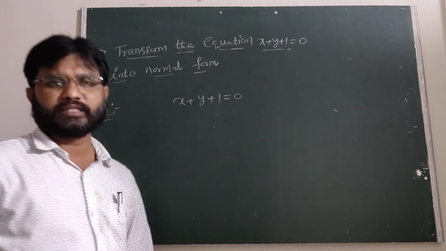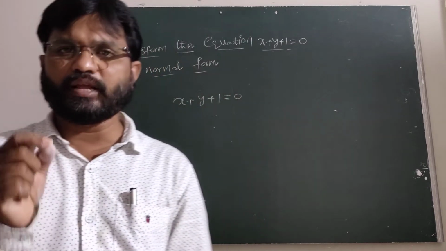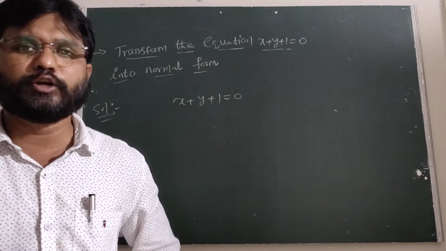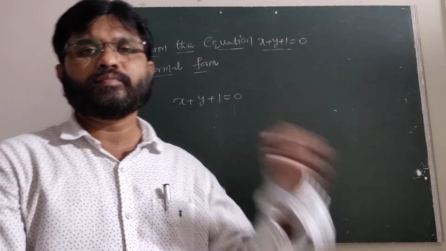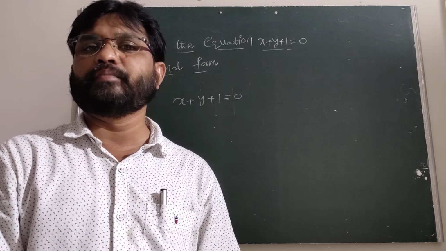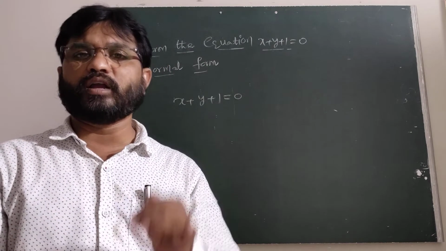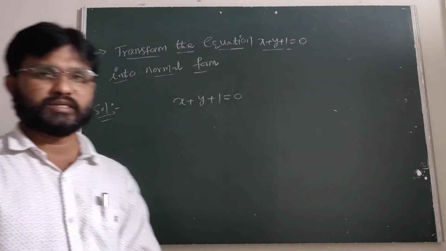We have to know that the normal form is x cos alpha plus y sin alpha equal to p, where p is the perpendicular distance from origin to the line, and alpha is the angle made by the normal from origin to the line with the positive direction of the x-axis.